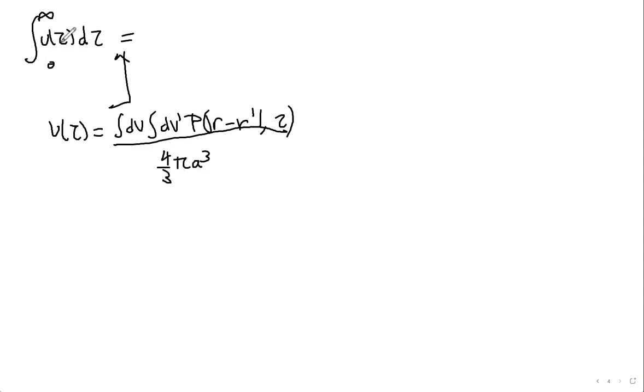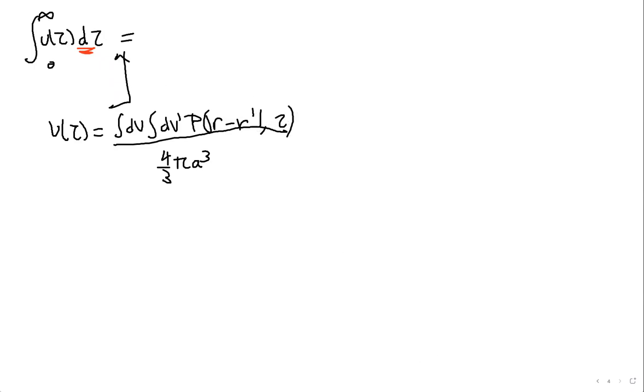Okay. But you see, one thing is from outside we have the integral over tau. So instead of doing first this integral over volume and then the integral over tau, we will do first the integral over tau because it's easier.